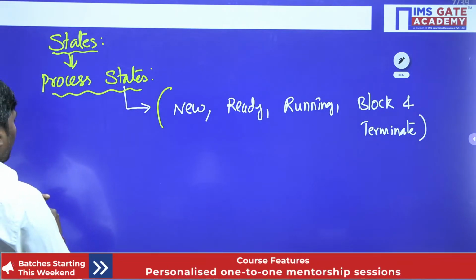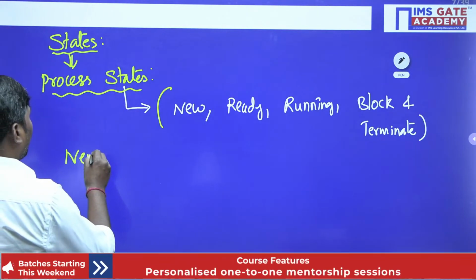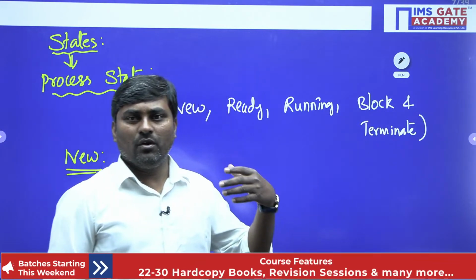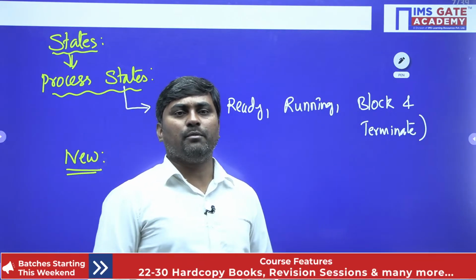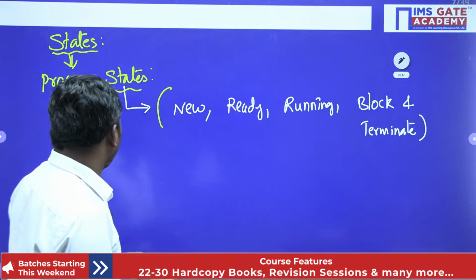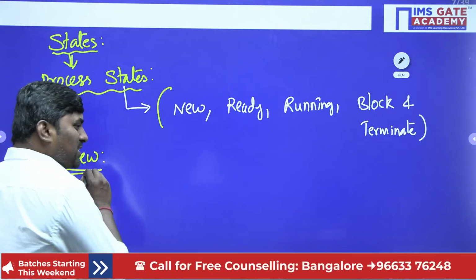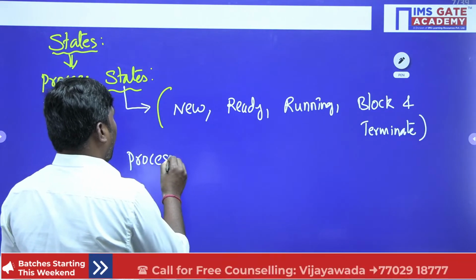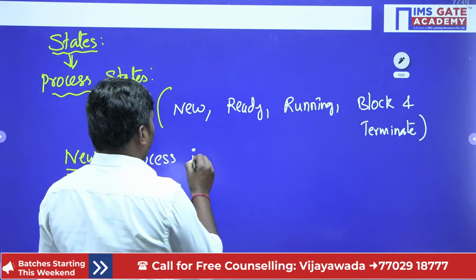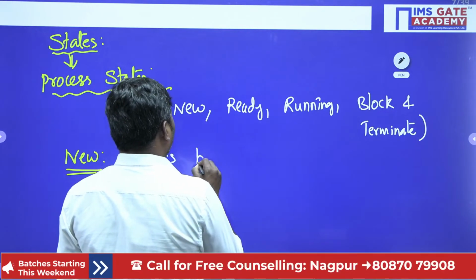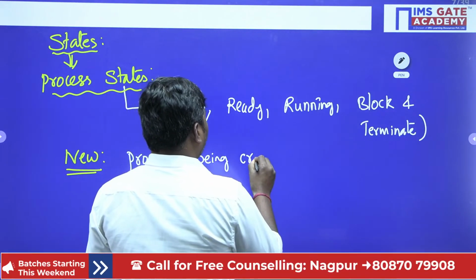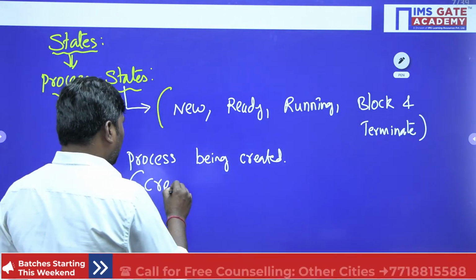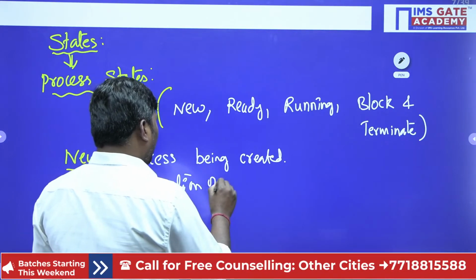So if I say new state, what does new state mean? Please observe clearly, because I will be defining each state and its importance, and then we will also see the process state transitions. New state means the process is being created here. Simply, the creation of the process happens here.